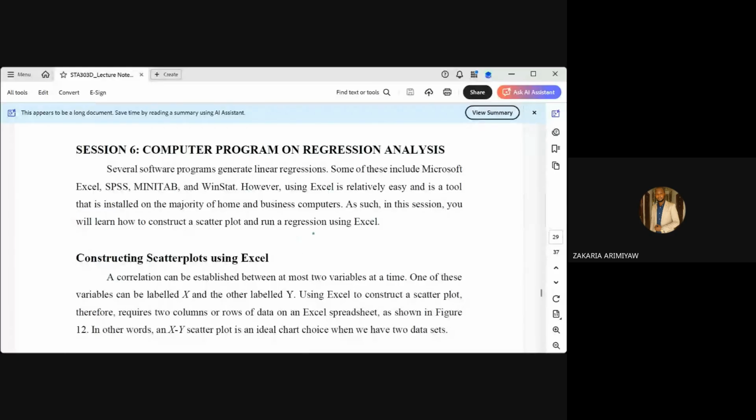So that brings us to the end of session 6. We are now into the last session. Here we are going to look at computer software programs that we can use to do regression analysis.